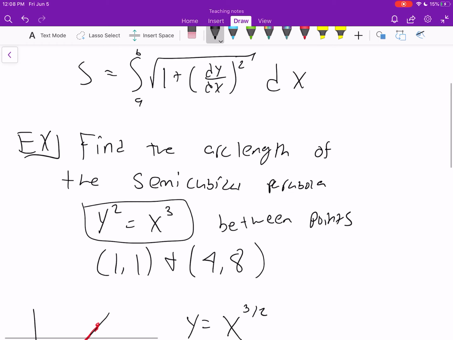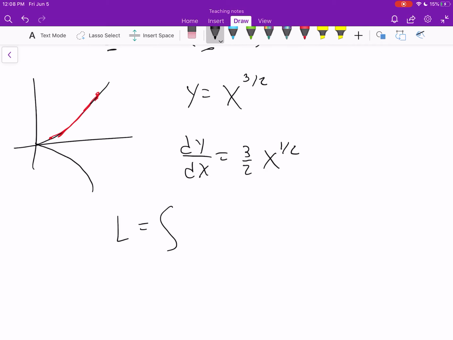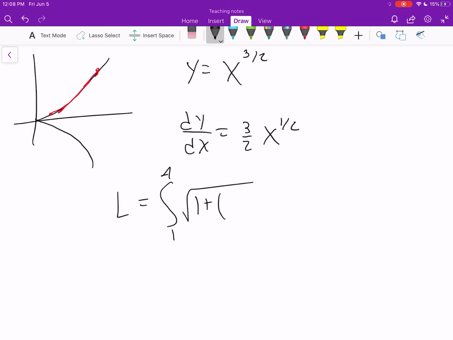I'm integrating dx, so I'm only interested in the x values. So my bounds are between 1 and 4. Then we have the square root of 1 plus dy/dx squared, dx.